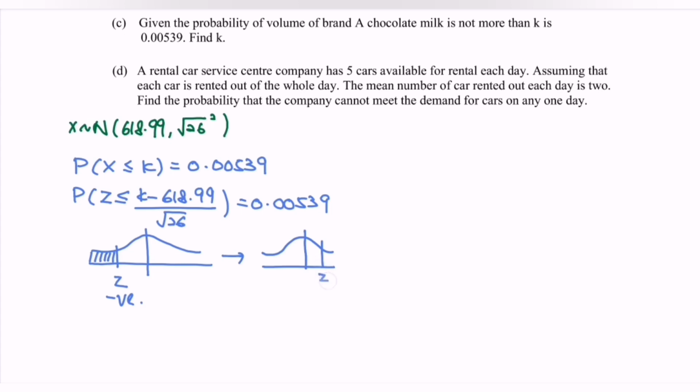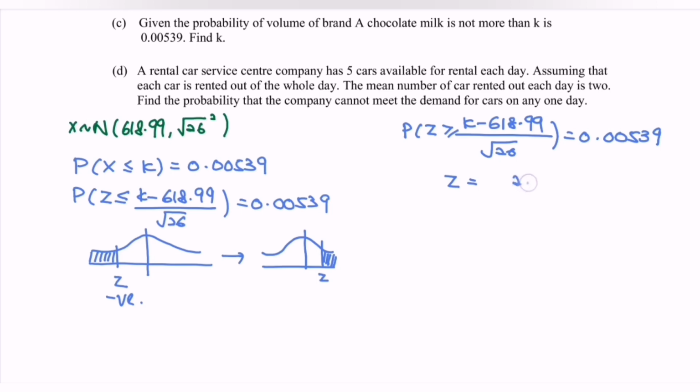So here we have the Z. We write the formula: the probability that Z is greater than or equal to K minus 618.99 over the square root of 26 equals 0.00539. Refer to the table, where we have 2.55. Notice that the value of Z is 2.55, but the original Z actually is negative. So from here, we have negative 2.55.